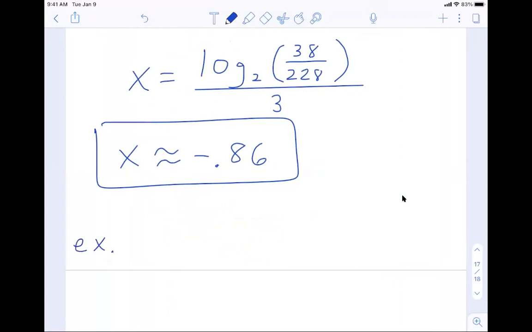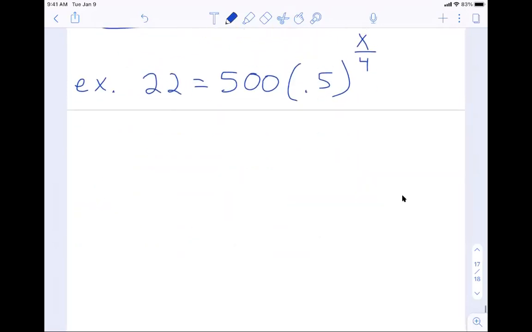All right. Let's say we had this problem. Let's say 22 is equal to 500 times 0.5 to the x over 4. So that is our problem. 22 is equal to 500 times 0.5 to the x over 4.